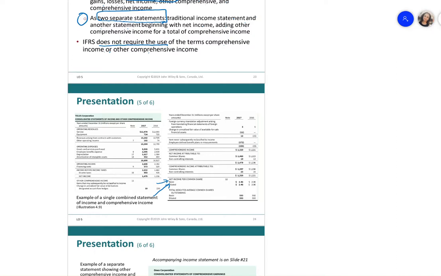I believe it's in chapter 17 of your volume 2. I have a recording on chapter 17, volume 2, which I believe covers diluted earnings per share, what if something was diluted, and how to calculate it.